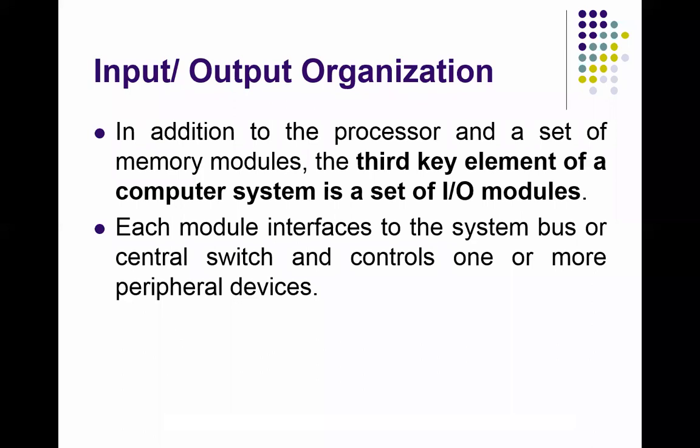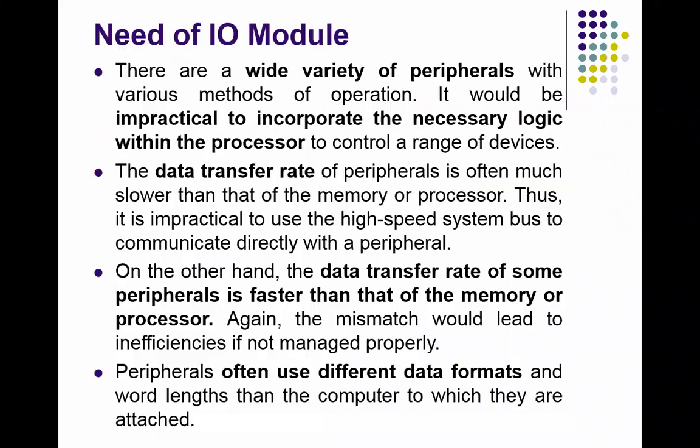As you have posted in the chat box, there are a number of peripherals available to give the input as well as to get the output. Right? The number of devices are available. All these devices, it is impractical for the processor to coordinate with all the devices, right?